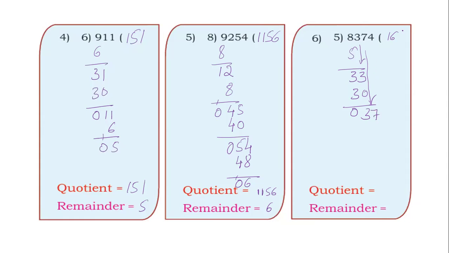It becomes 37. 5 sevens are 35. 7 minus 5 is 2. Take 4 here. It becomes 24. 5 fours are 20, 24 minus 20. Quotient is 1674. Remainder is 4.